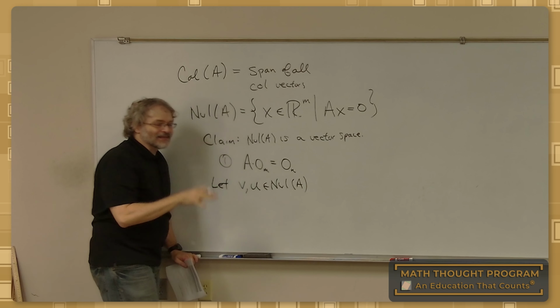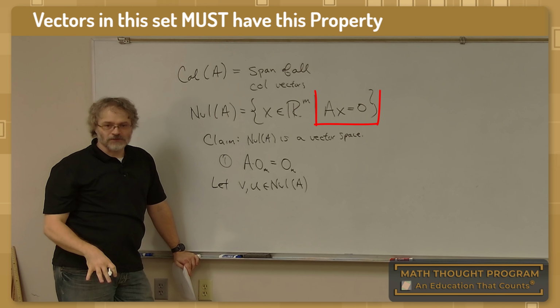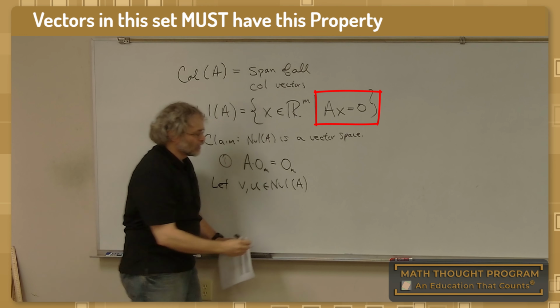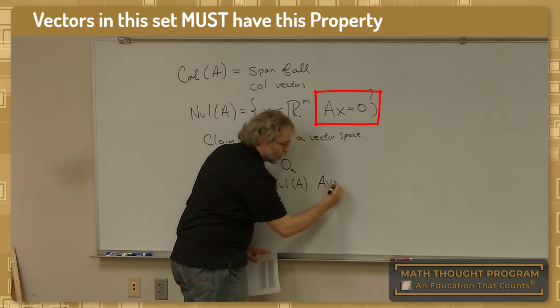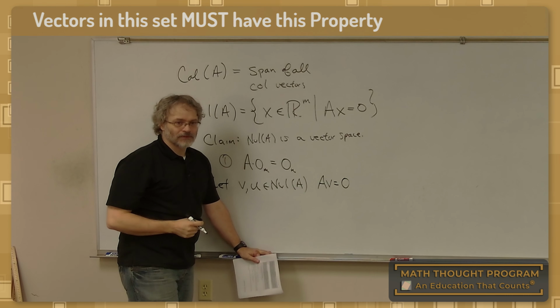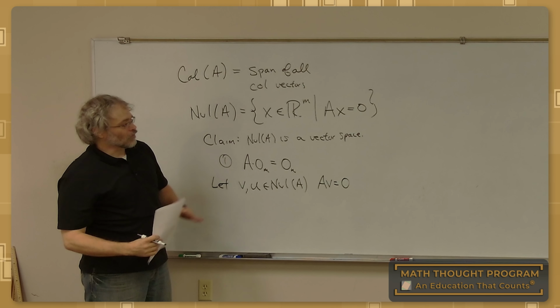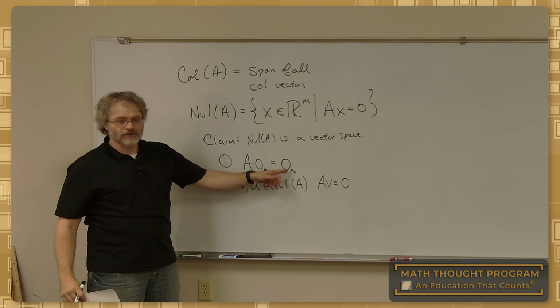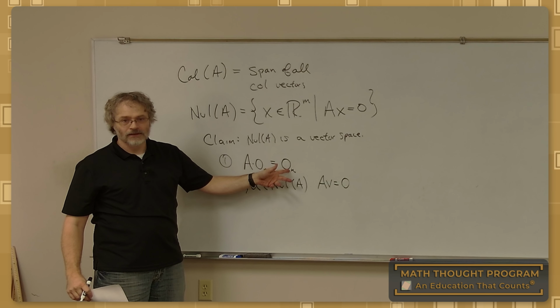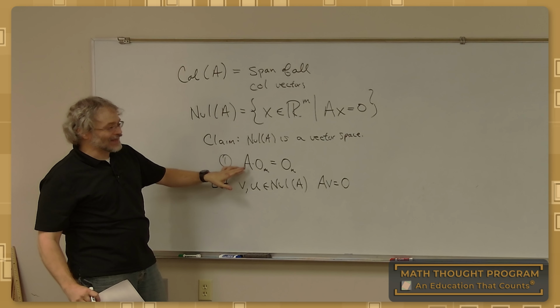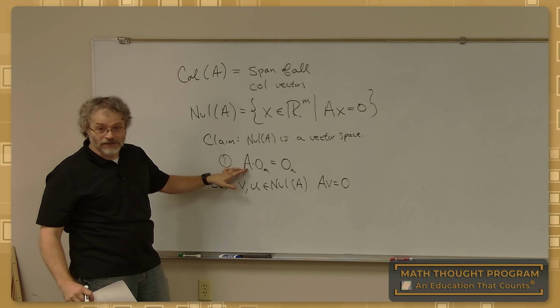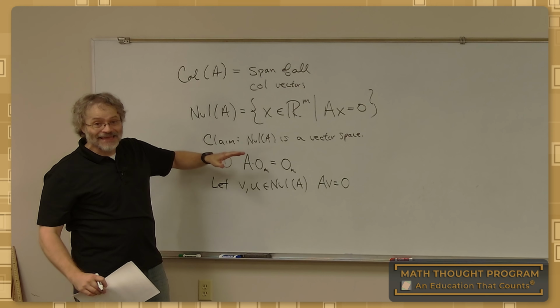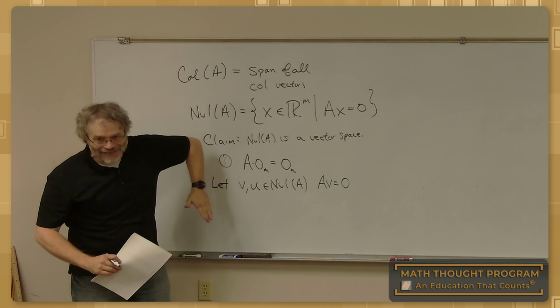In order to be inside the null space, you got to have a certain characteristic, a certain property. Whenever you operate on the vector, it's going to send it to the zero vector. Now, when I'm talking about the zero vector here, I'm talking about the zero vector from the nth dimension. Because again, if I talk about an n by m matrix, it takes things from the m dimension to the n dimension.